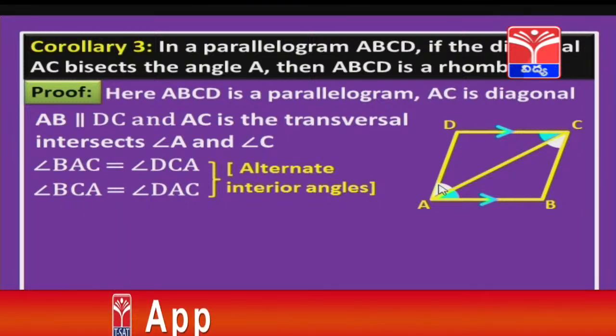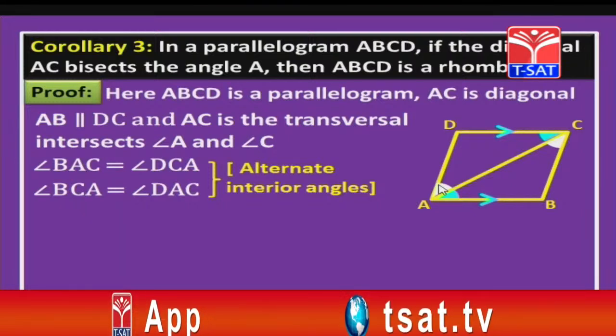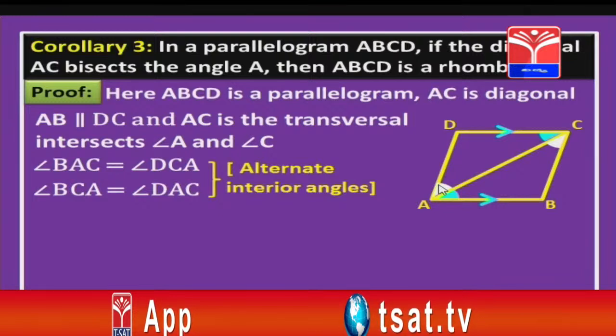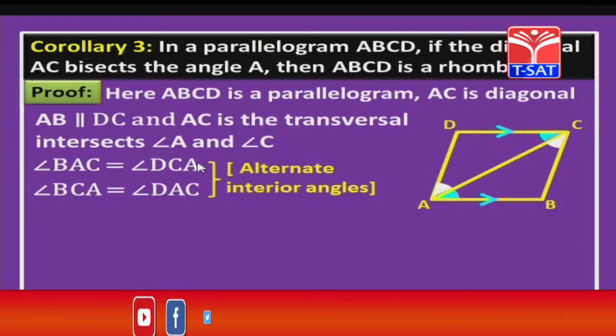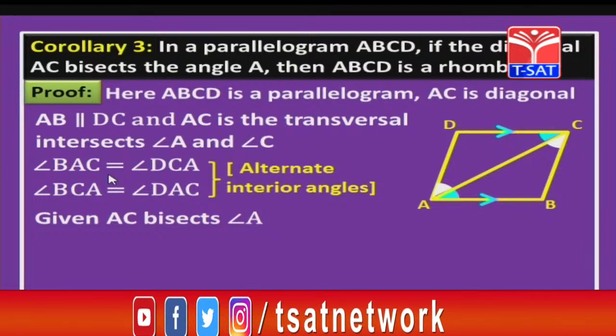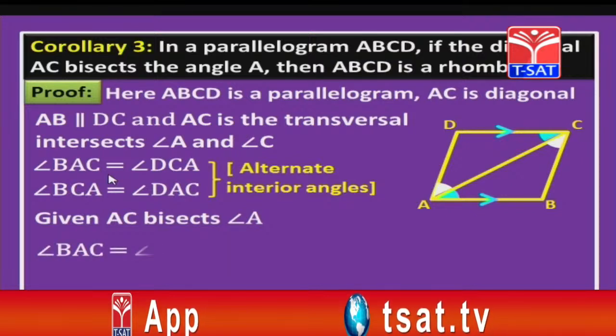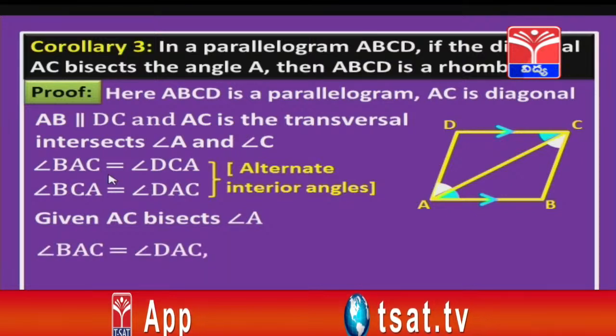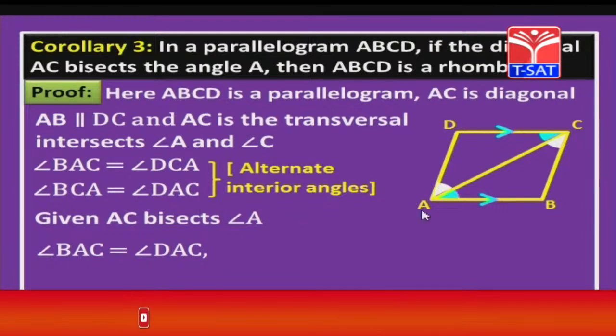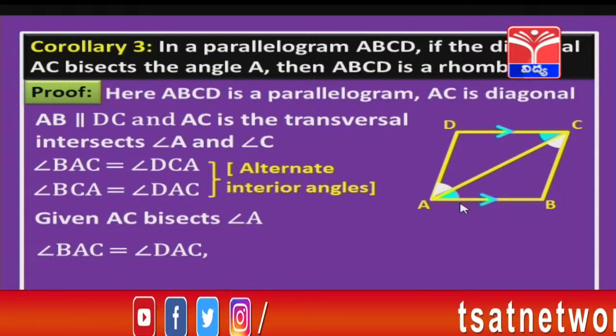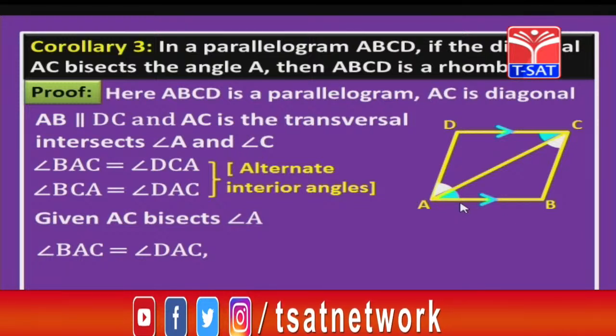We have seen that whenever two parallel lines are there and a transversal intersects them, their alternate interior angles are equal. So, here these are two pairs of alternate interior angles, and also given AC bisects angle A. The diagonal AC is bisecting angle A, which means angle BAC and angle DAC are equal, because bisecting means dividing it into two equal parts.